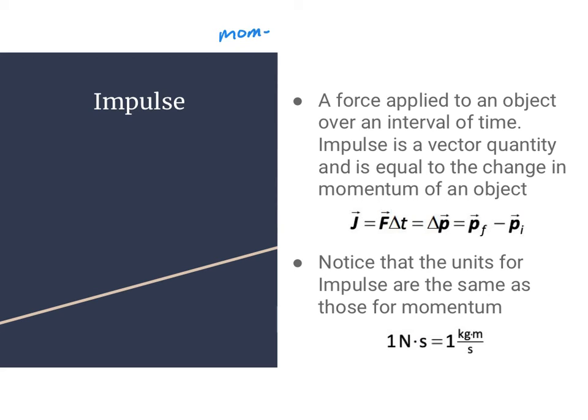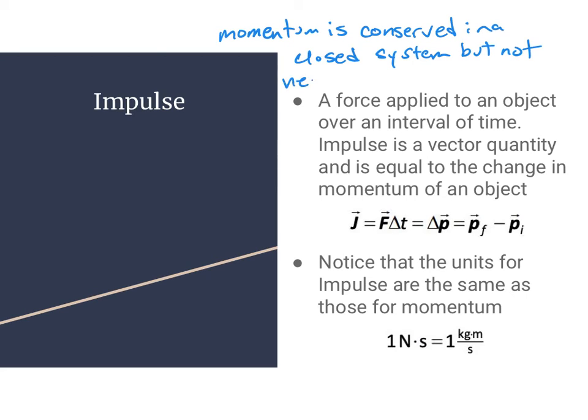So momentum is conserved in a closed system, but not necessarily for each object. So objects can have changes in momentum, and hopefully that's obvious, because if the velocity is changing, the momentum is changing, and we know that objects can have a change in their velocity.